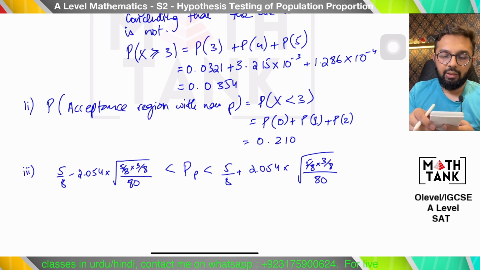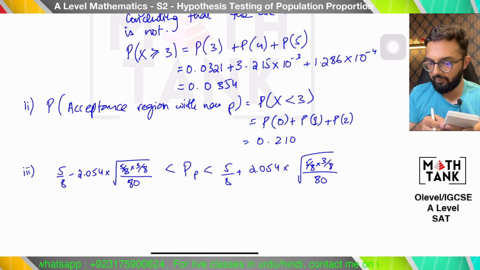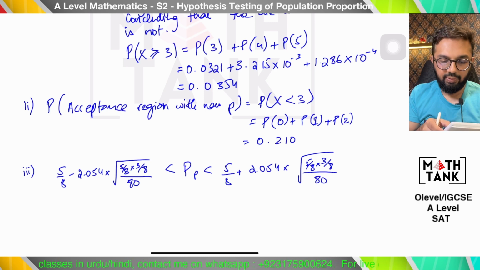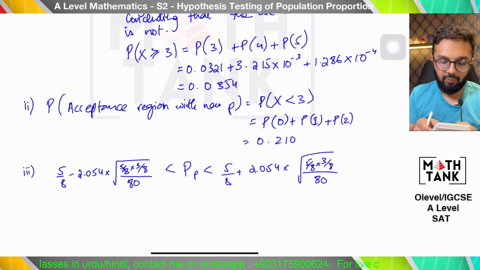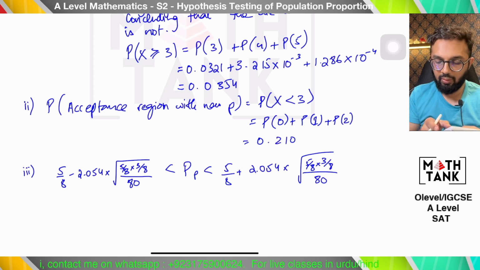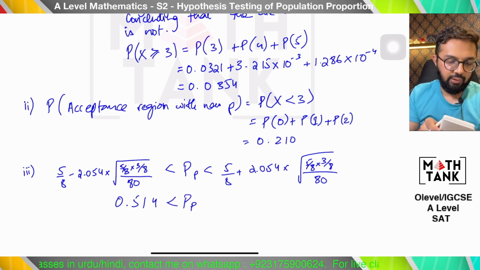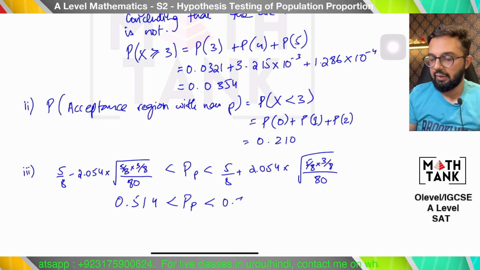Let's put that on our calculator. 5 divided by 8, 2.054 into root. I'm getting 0.514 and 0.736.